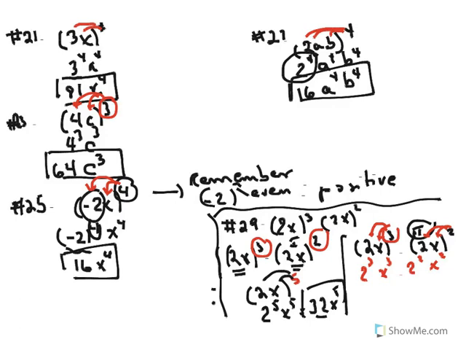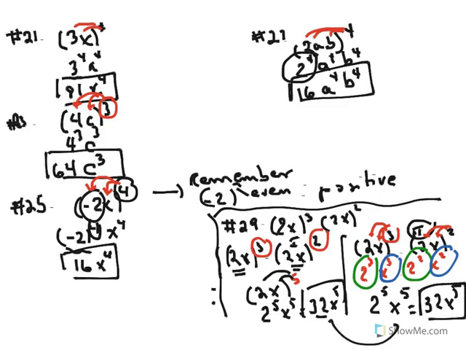Now I can put the coefficients together. 2 to the 3rd times 2 to the 2nd, right, is 2 to the 5th. And then I have x to the 3rd and x to the 2nd. That gives me x to the 3 plus 2 is 5. Remember that 2 to the 5th is 32, and I have 32x to the 5th, which is the same answer I have by doing it in the other way.